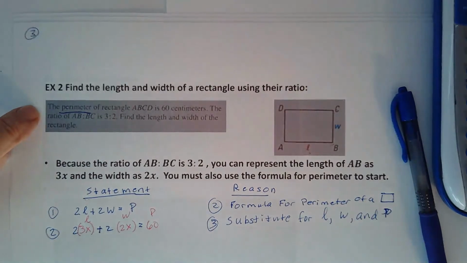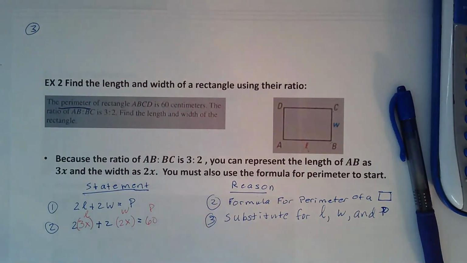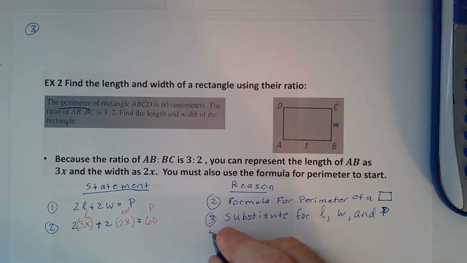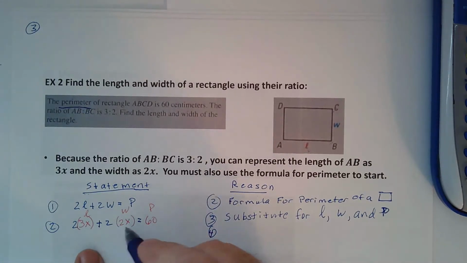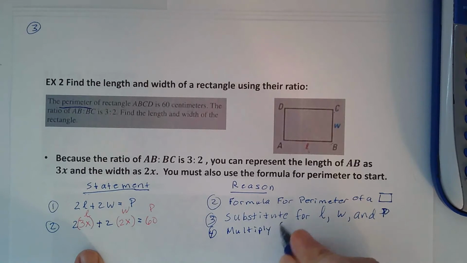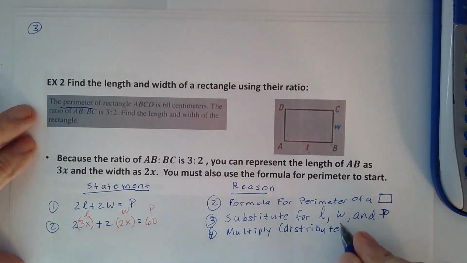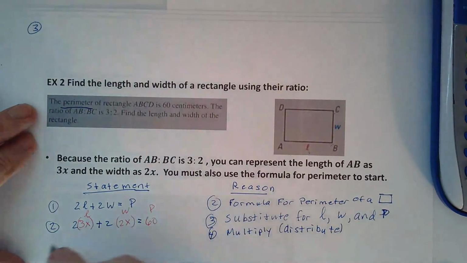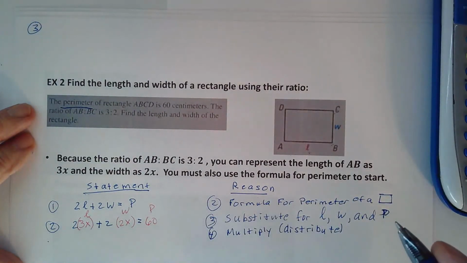All right? So now that we've done that, we can go ahead and multiply together the 2 to the 3 and the 2 to the 2. So multiply or distribute, if you will. And so we've got, let's see, how did I get ahead of myself here?